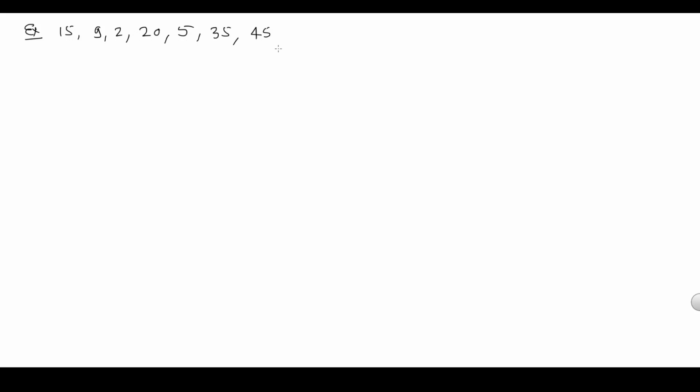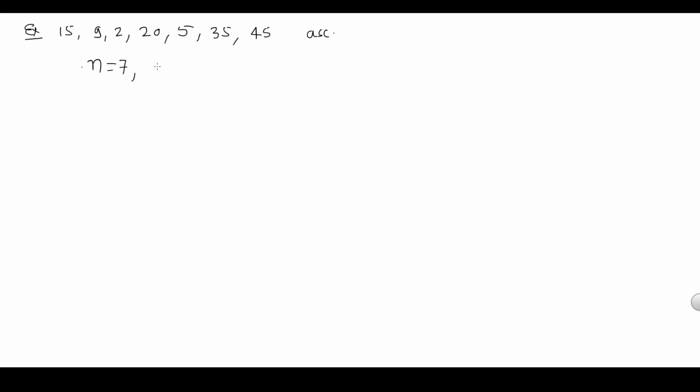We want to sort these numbers in ascending order. So first we will represent these values in the form of an array, and before that we must note one more thing, that the output of one pass becomes the input for the next pass. And here the number of values is 7, that is, number of values in the array are 7.